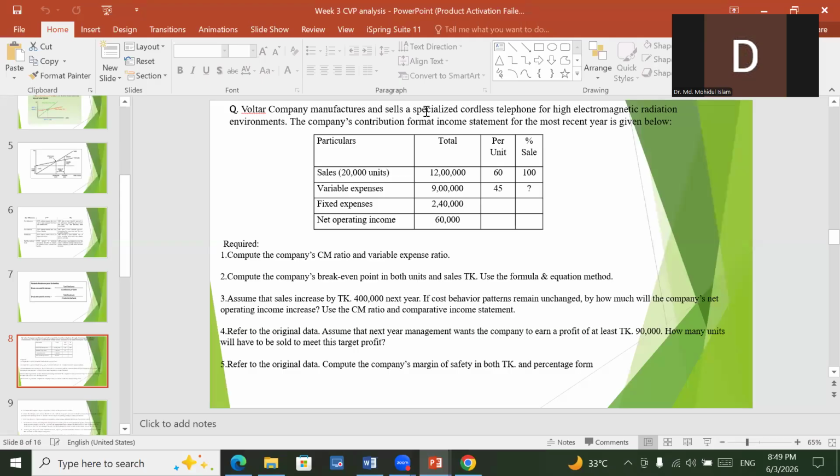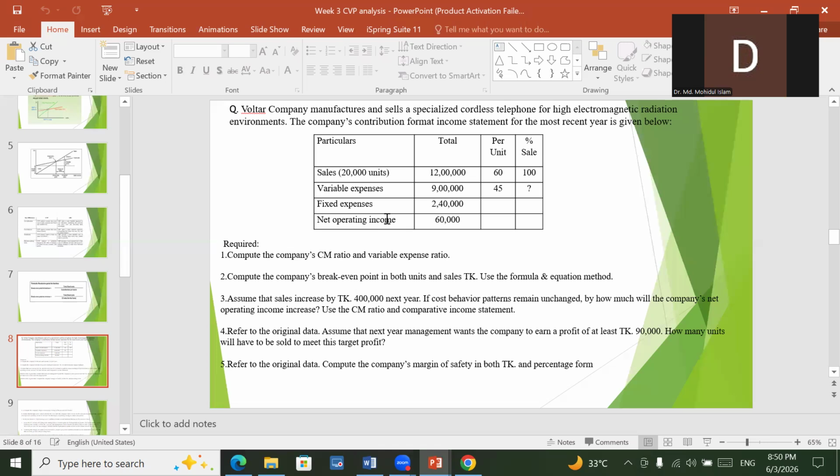Volta company manufactures and sells a specialized cordless telephone for high electromagnetic radiation environments. The company's contribution format income statement for the most recent year is given below. So there is a statement, sales. There is a first column, second column total, third column per unit, last column percentage. First sales, then variable expense, then fixed expense, then net operating income.